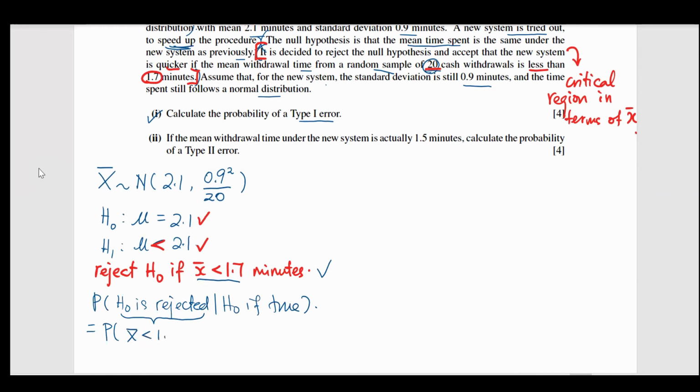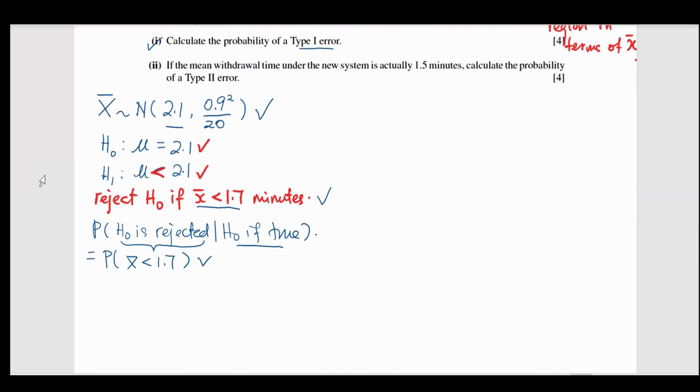But we realize that H null is true, which means the mean remains at 2.1 minutes. So to calculate the type 1 error probability, we find the probability of X bar less than 1.7 minutes, using the same normal distribution for the sample mean. So let's calculate the probability. Standardize.